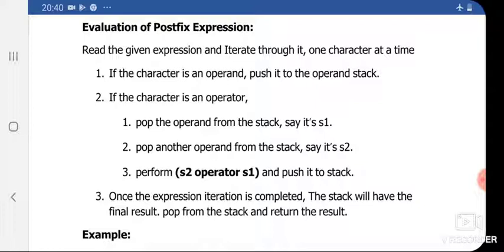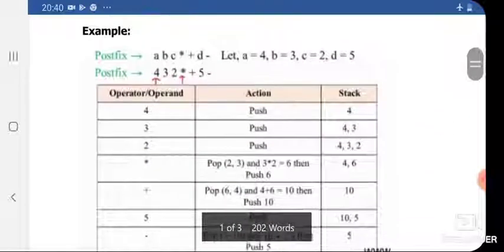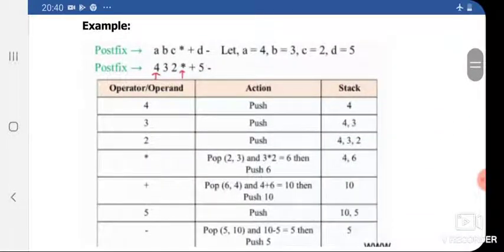Let us see this algorithm with the help of an example. Suppose we have given the postfix expression as a b c star plus d minus, and we have given values like a equal to 4, b equal to 3, c equal to 2 and d equal to 5.